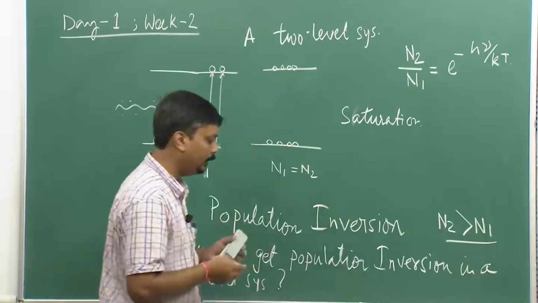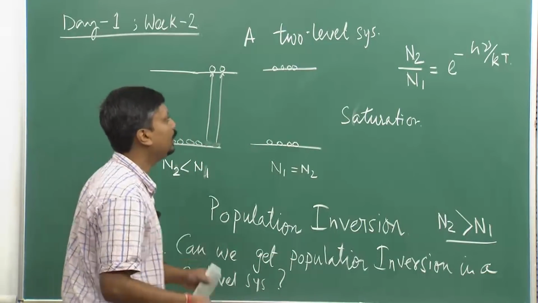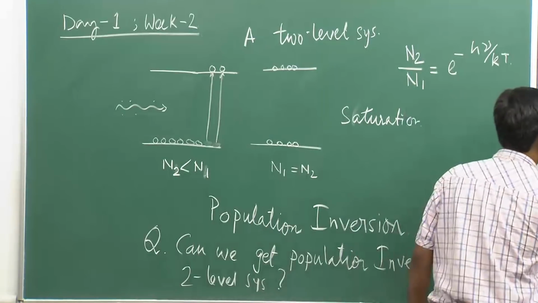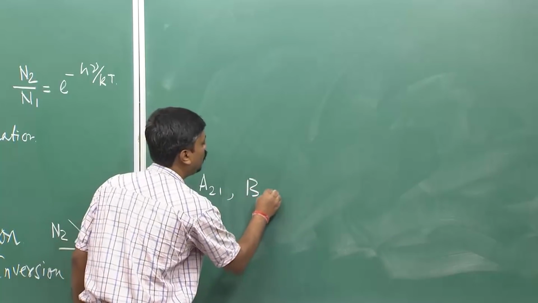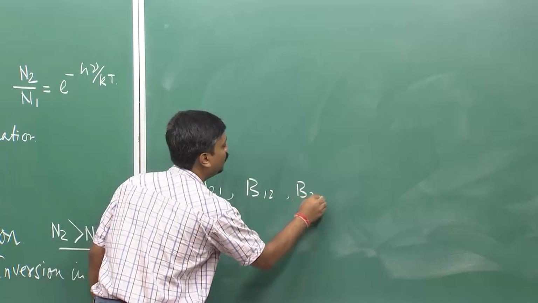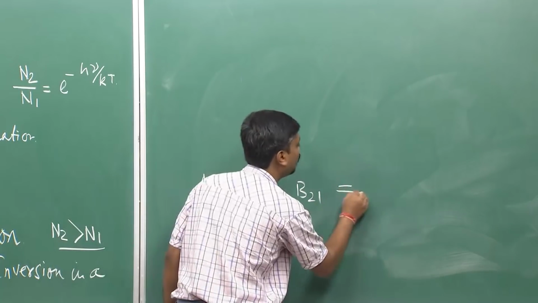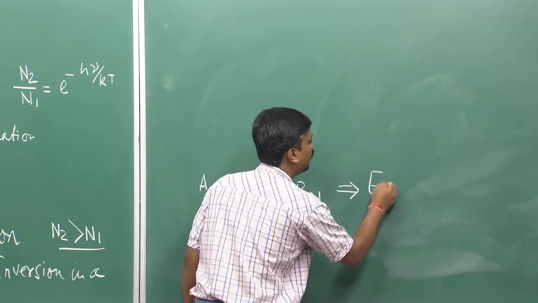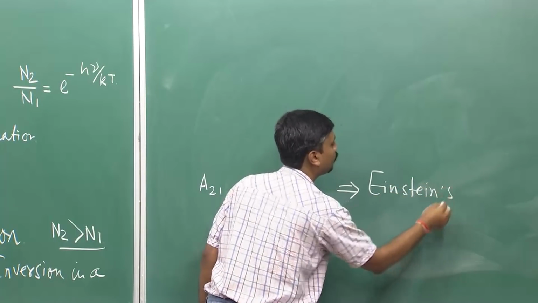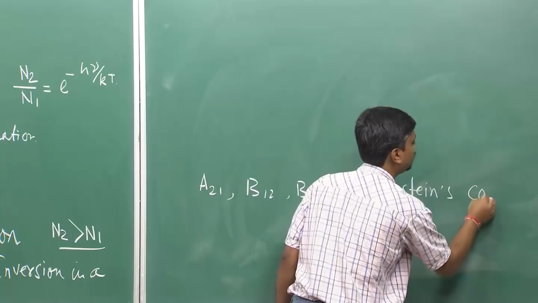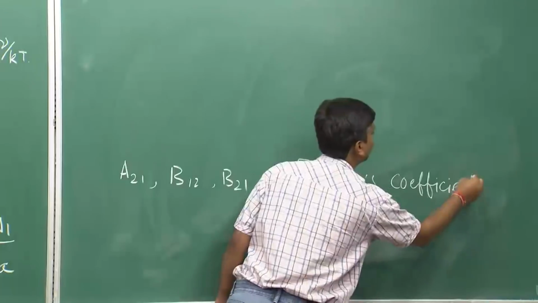By the way, I think I have missed out one thing here: A21, B12, B21, these rate constants are known as Einstein's coefficients.